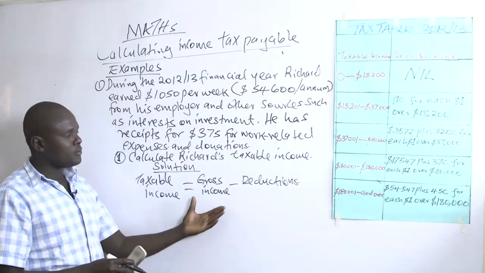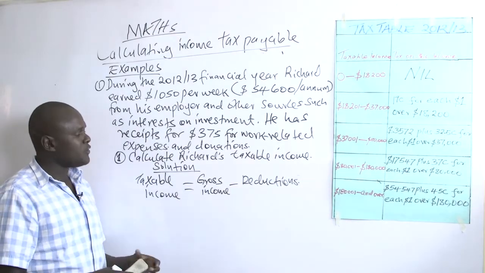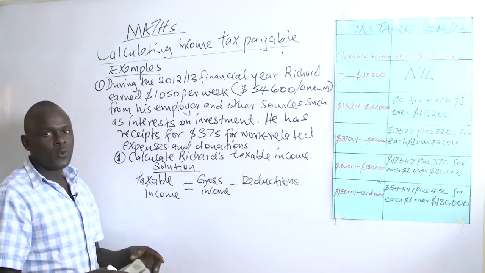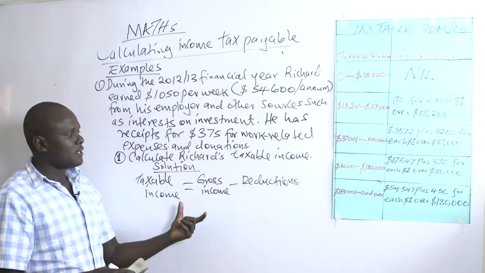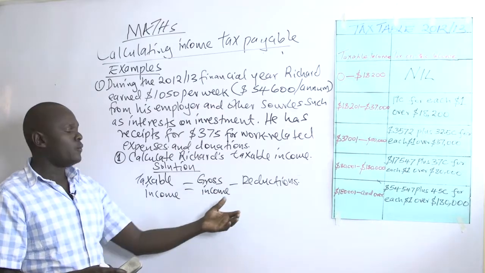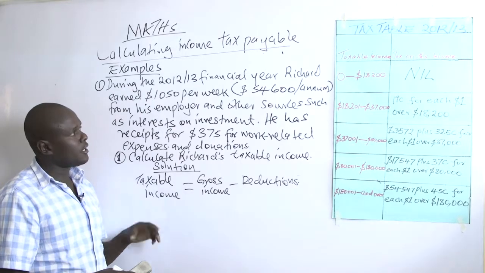Having written this down, we need to identify the gross income and the deductions from the statement, so that if we substitute those variables in this principle, we will get our taxable income.